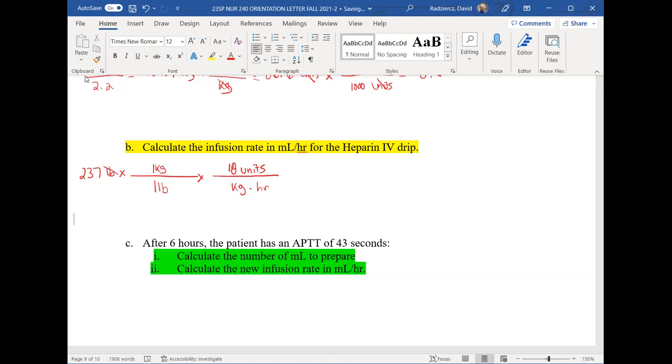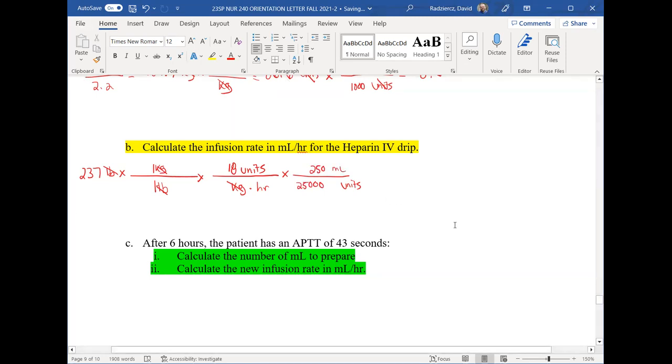And again, I'm eliminating units as I go along. I don't want units per hour, I want milliliters per hour. This is where I'm going to use my available. The available is 25,000 units per 250 ml.